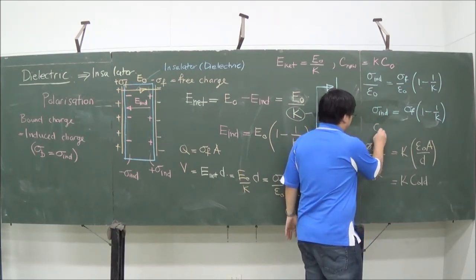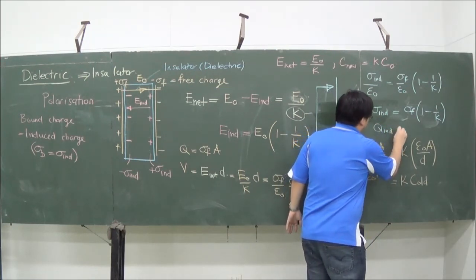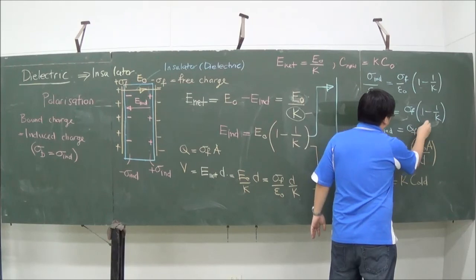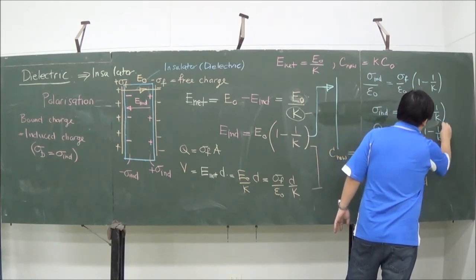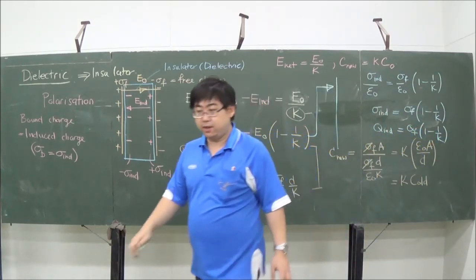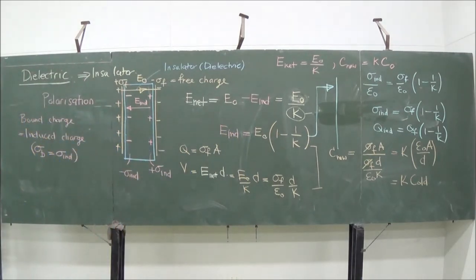One can write the induced charge equal to the free charge times (1 minus 1 over kappa). So we've got those relationships as well.